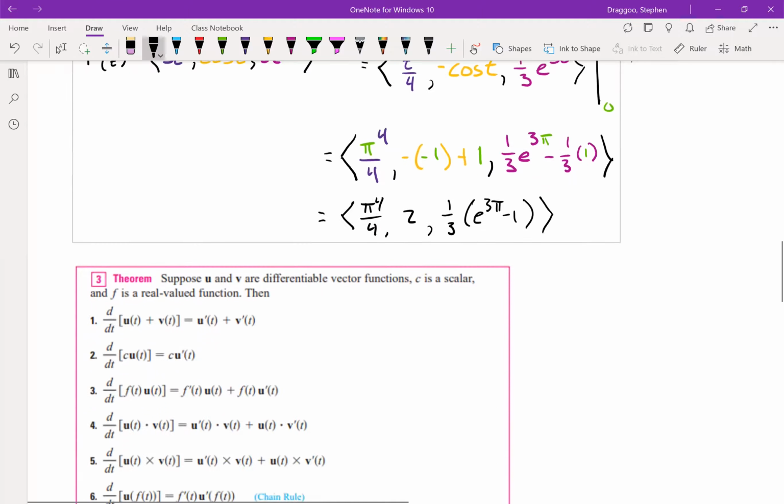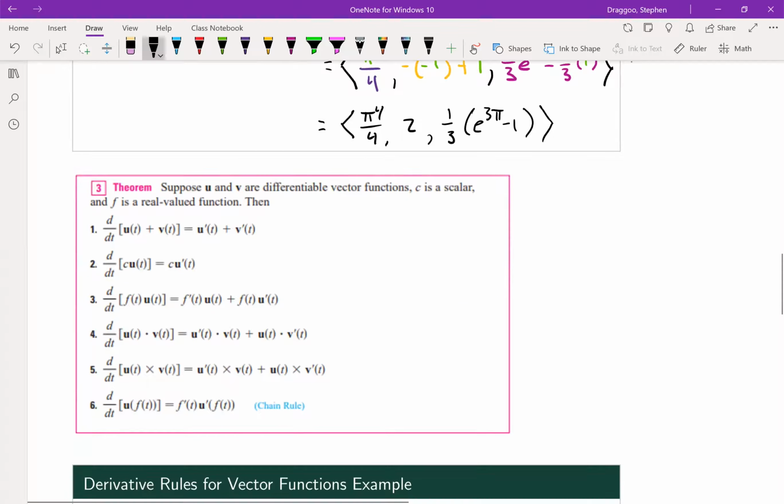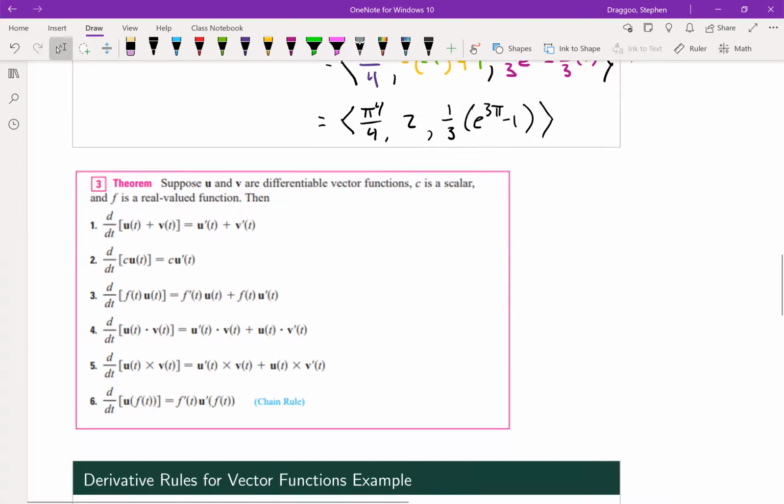All right, and then out of the textbook, a few different properties of derivatives of vector valued functions. So u and v are both going to be differentiable vector functions. C is a scalar, and f is a real valued function, which means that f is not a vector function.